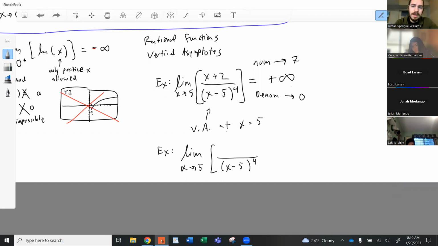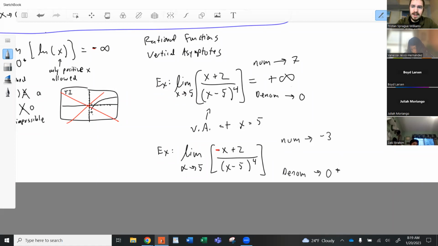So the difference is if we threw in a negative here, if I just throw in a negative sign there, then we can see that now the numerator, instead of approaching 7, is going to approach, let's see, -5 plus 2 is -3. And our denominator is still approaching 0, but with positive numbers.